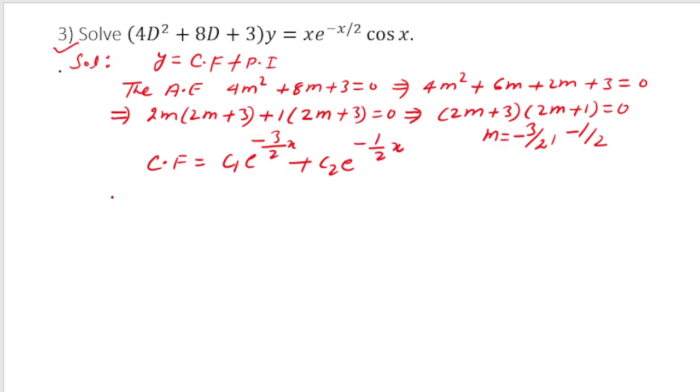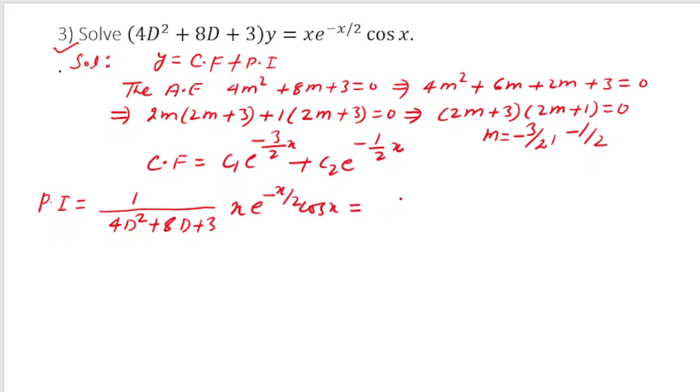But that was not my main aim. My main aim is to find the PI. The process of finding the PI will involve a lot of steps, so be careful. So (4D square plus 8D plus 3) inverse operated on e to the power minus x by 2 cos x.